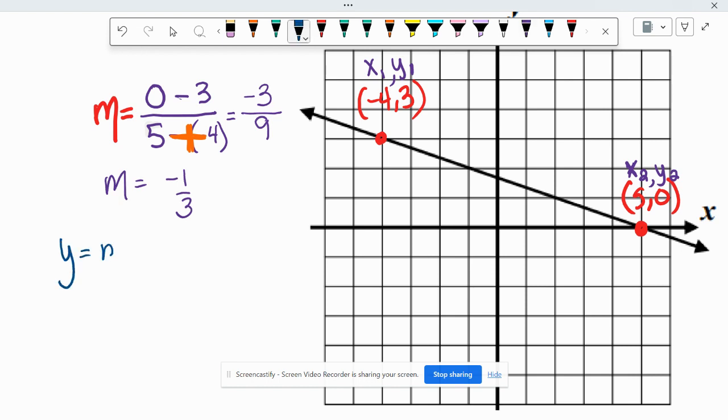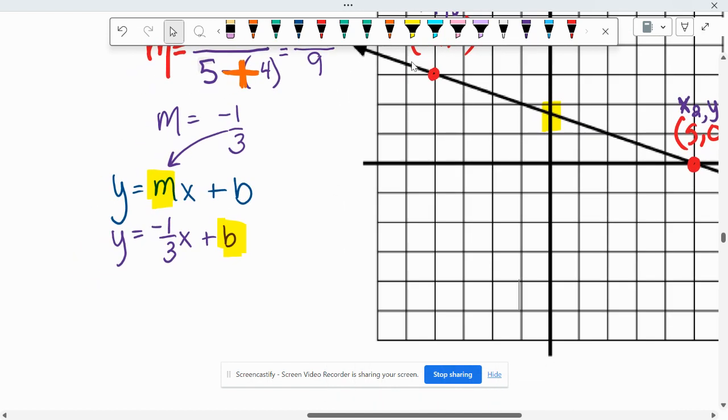Okay, so I'm going to write that equation. Y equals m times x plus b. Well, I know what my slope is. I just calculated it. My slope is negative 1/3. So I'm going to write that. Y equals negative 1/3 times x plus b. I don't know what b is because it doesn't cross exactly at one spot.